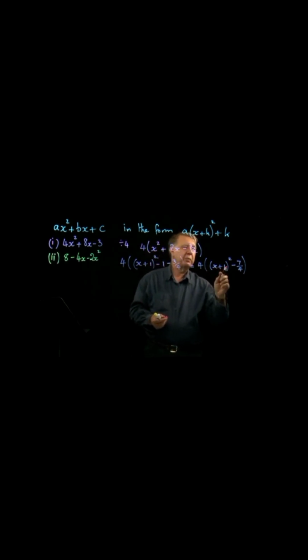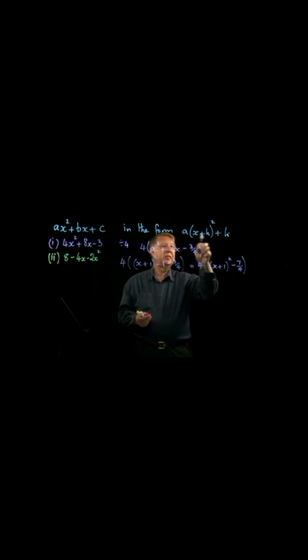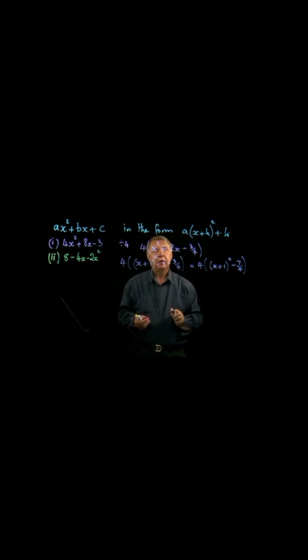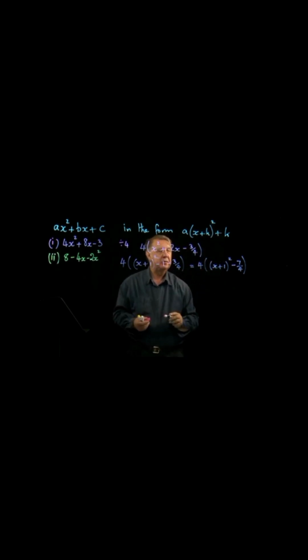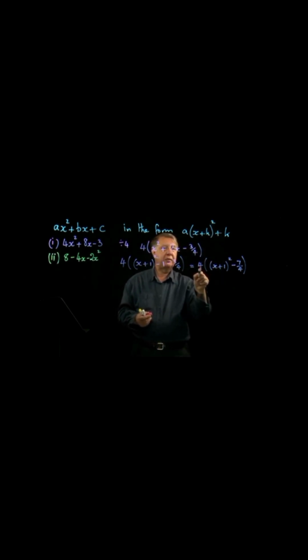Now you can worry about the in the form. If you look at that carefully, the a appears in front of the squared bracket. At the moment, this 4 is in front of everything.